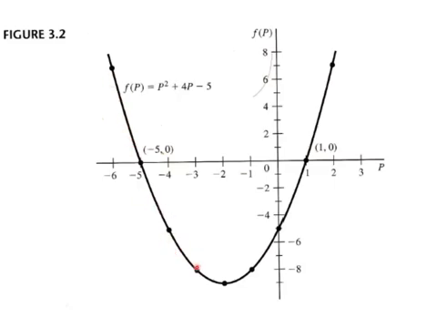In this example, we can see the solution P values, when we are working with the quadratic equation, so when we've set this function equal to 0. The P values that effectively set this equal to 0 are -5 and 1.